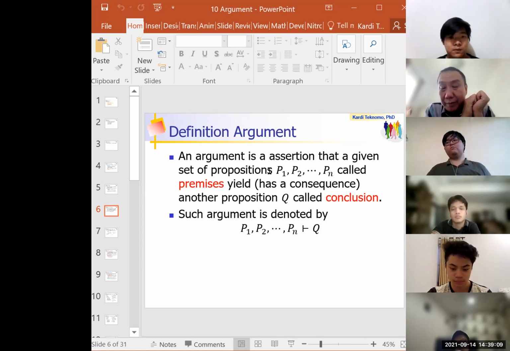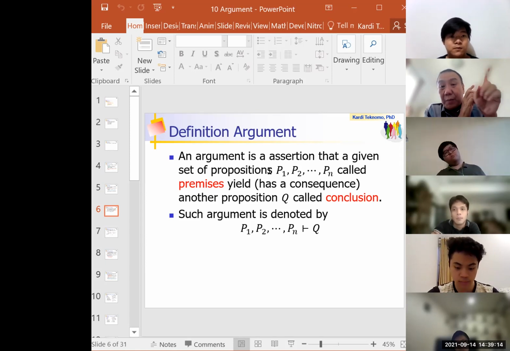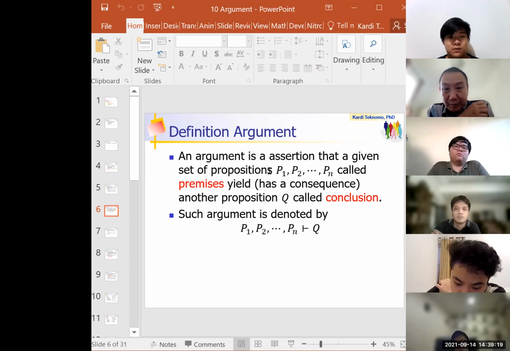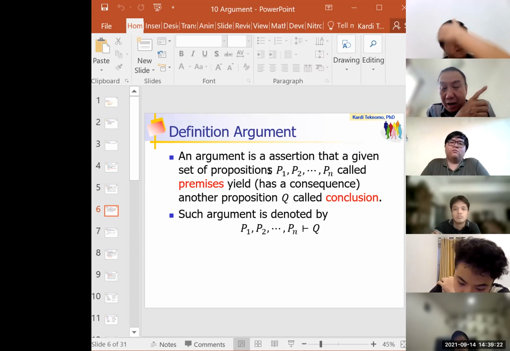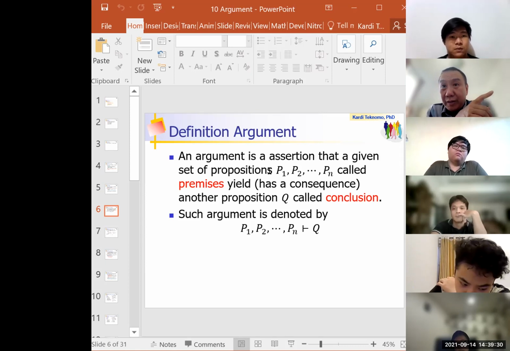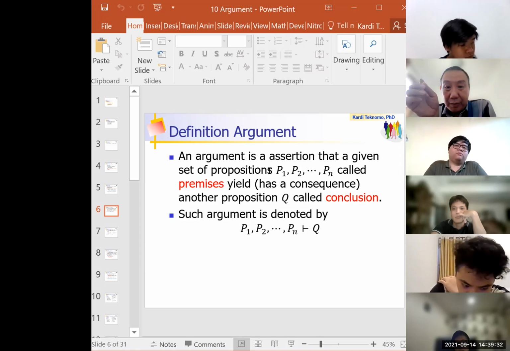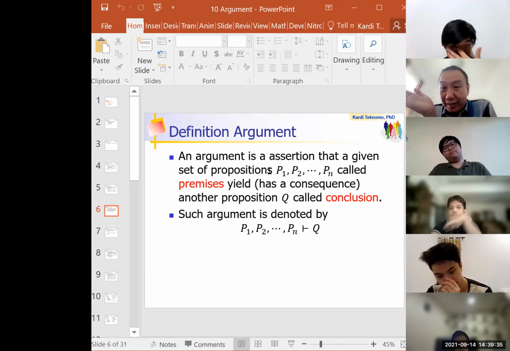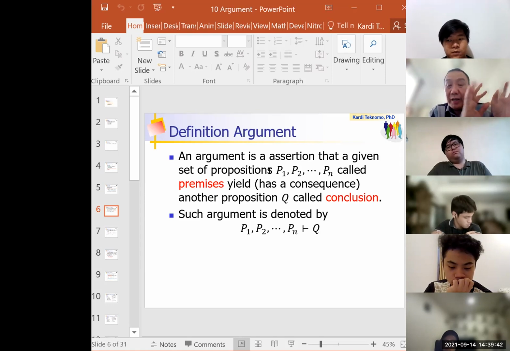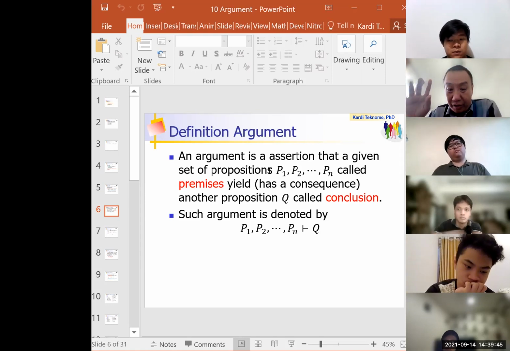So an argument is in the form of if premises, then conclusion. If you make an argument, it's always in this kind of form. Can I make it a different way? For example, conclusion because of the premises. Yes, so the order does not really matter. You can put the conclusion first and then explain why you reach that conclusion.